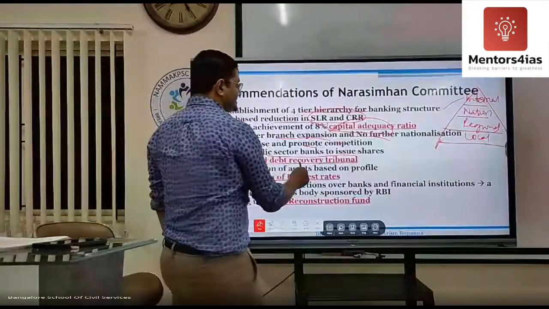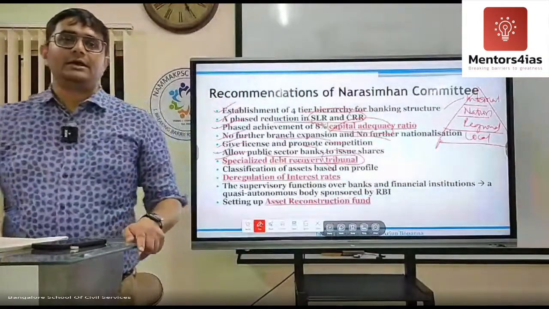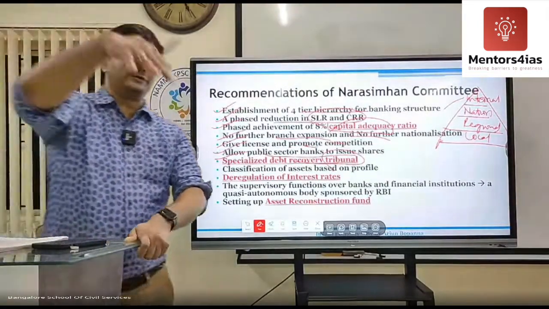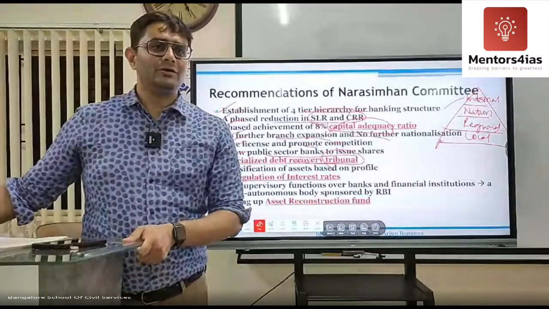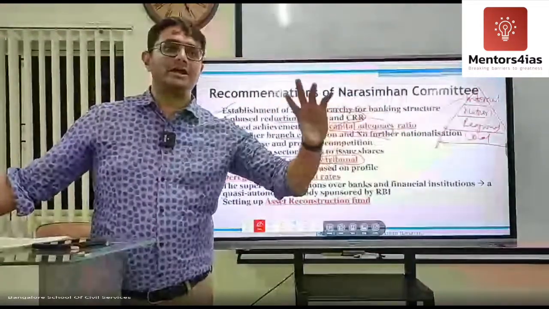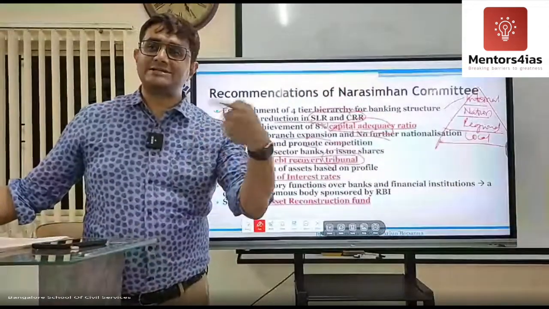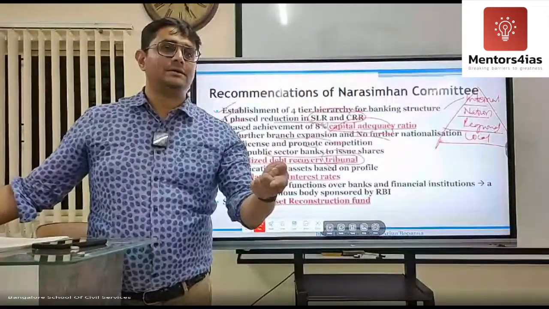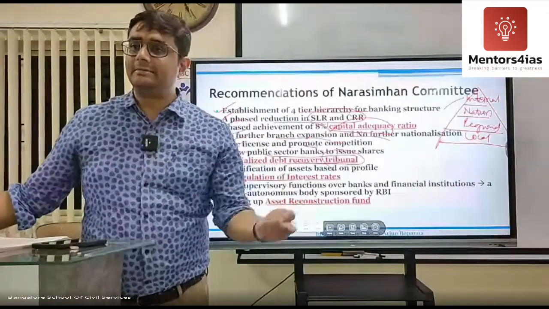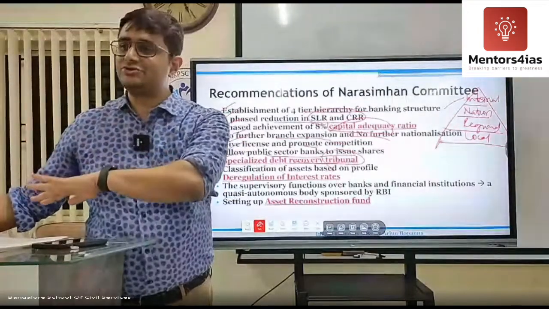Then specialized debt recovery tribunal, because debt recovery was always delayed because banks had to go to the courts to recover the loans. So create specialized courts called tribunals, quasi-judicial bodies, so as to fast track the debt recovery, in a time-bound manner and reduce the burden on the regular judiciary.